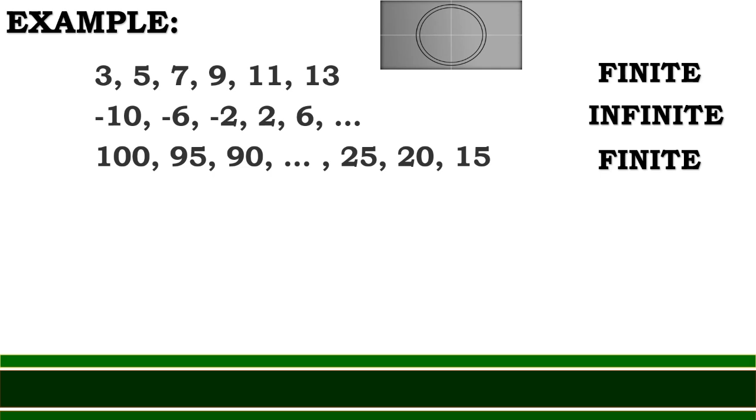It has a start and it has an end. If the ellipsis is between the terms, this sequence is an example of finite. It means that in this area, you have the 85, 80, so on and so forth, down to 25, 20, and 15.